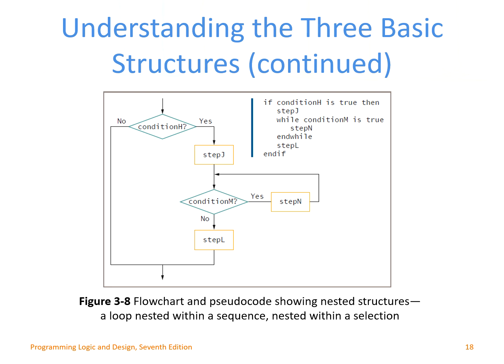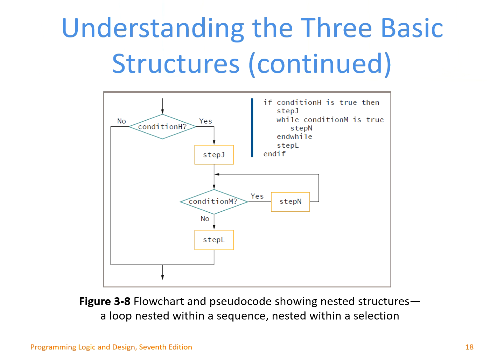While in Figure 3-8, the flowchart and pseudocode show nested structures, a loop nested within a sequence, nested within a selection. So we can see here that it has a nested loop condition in this part within the nested selection.